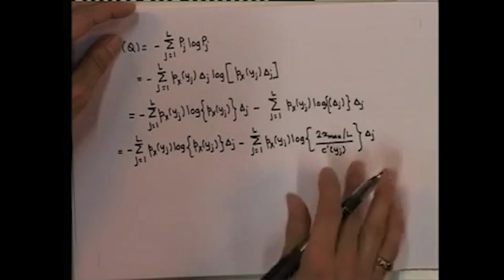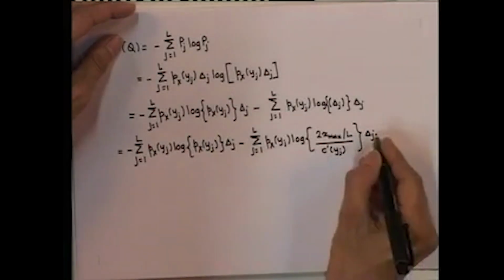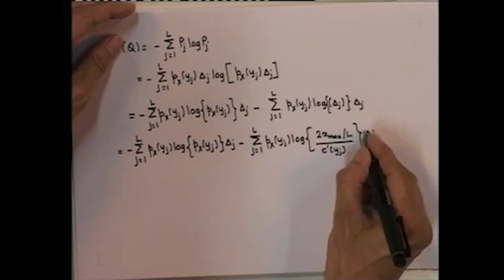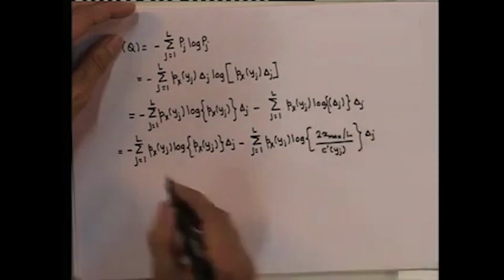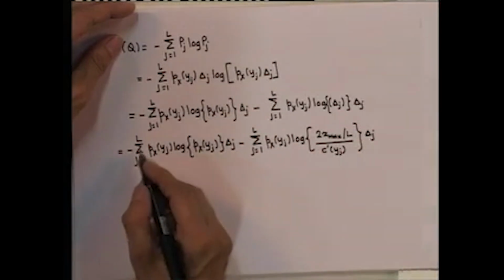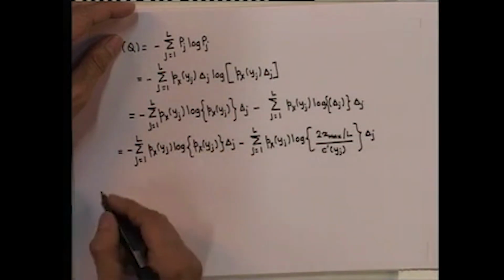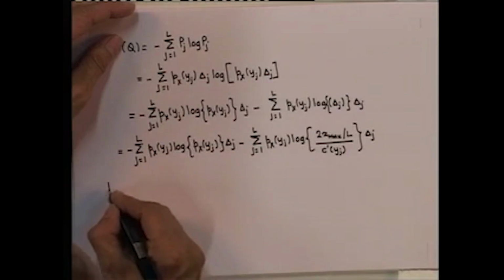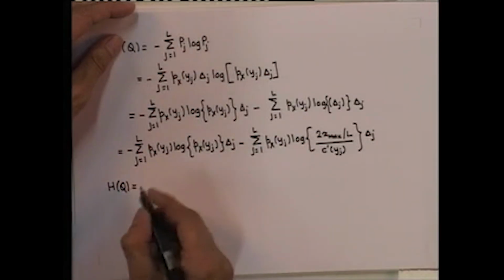Now, if we assume the rate to be high enough, in that case the quantization interval delta j will be very small, and in that case we can rewrite this expression where summations are substituted by integrals, and we get the expression for H q as follows.